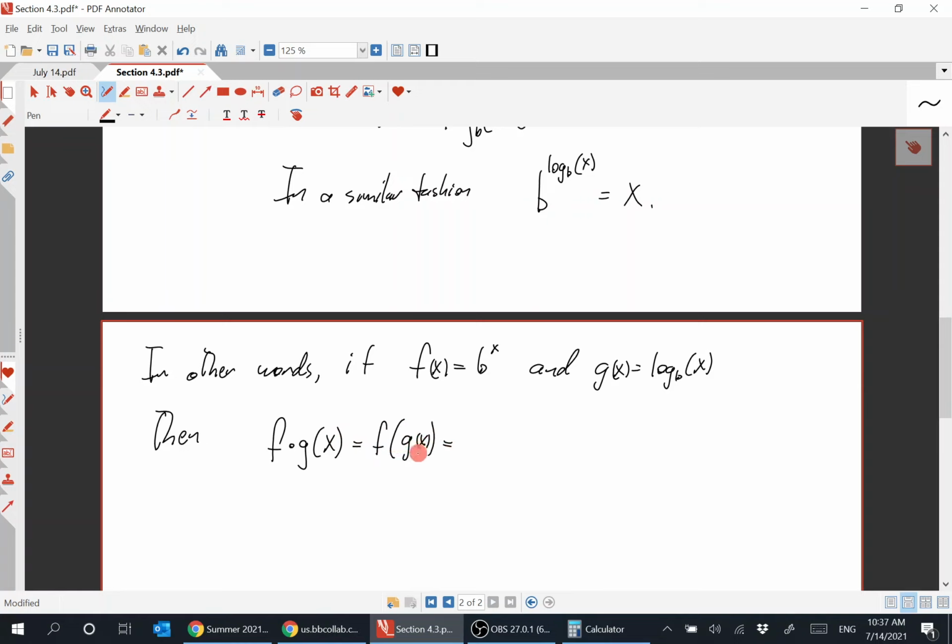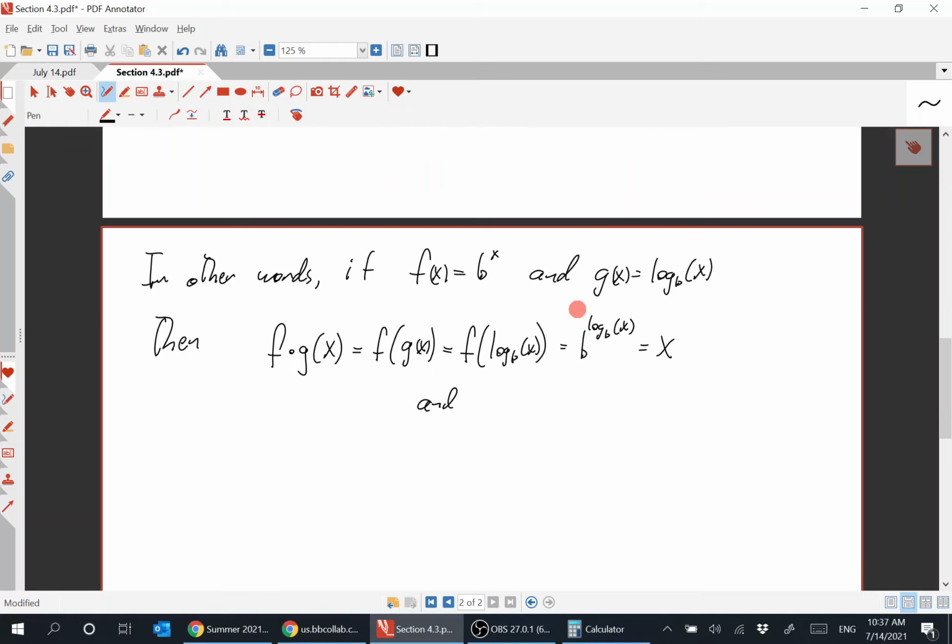Well, g of x is log base b of x. So that's f of the log base b of x. And then f is the exponential function, so it's b to the log base b of x, which is just x. And g following f of x is equal to g of f of x. F of x is the exponential function b to the x, and g is the log, which again is just x.